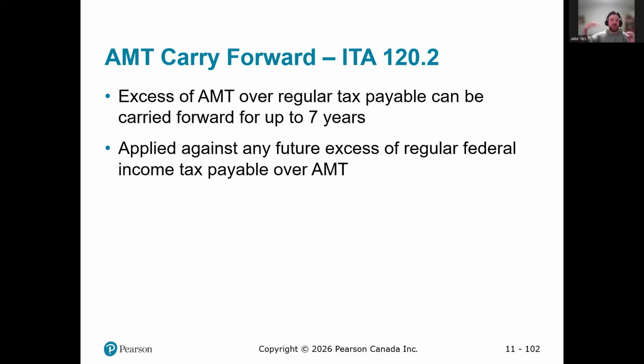So next year you do your calculation and now your tax payable is higher, but you've already paid 5,000 of it. This excess tax you paid in the previous year is considered to be taxes already paid. So your tax payable this year will be reduced by that $5,000, that excess AMT, and then you'll pay the difference.